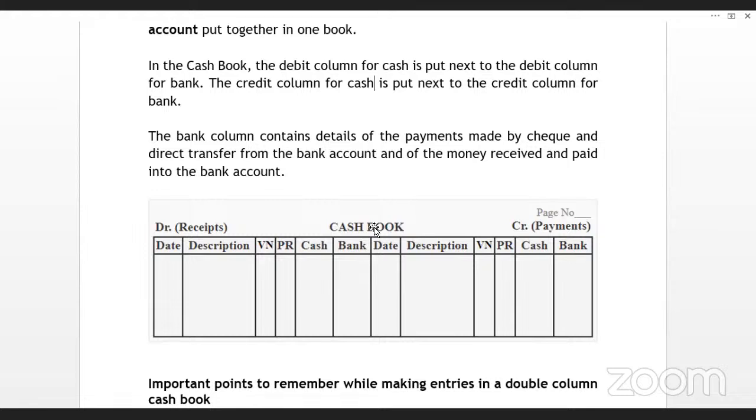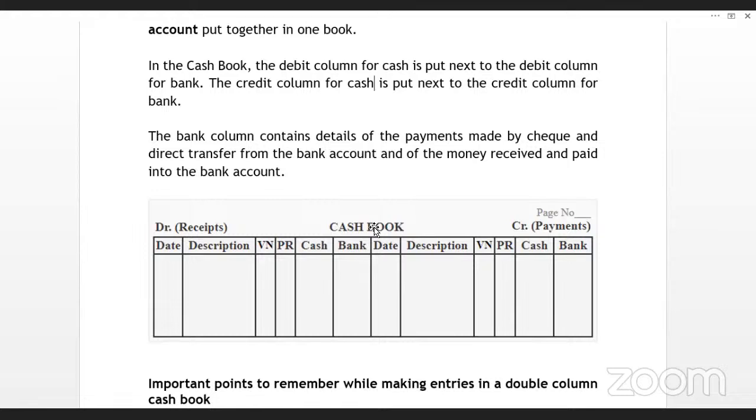Those are the different columns which we have. The cash book has the debit side as well as the credit side, just like any other cash book.